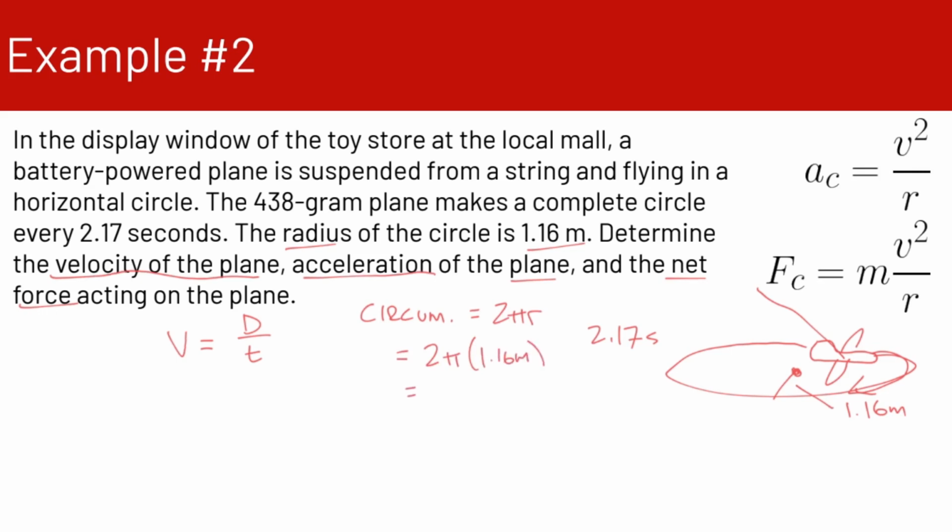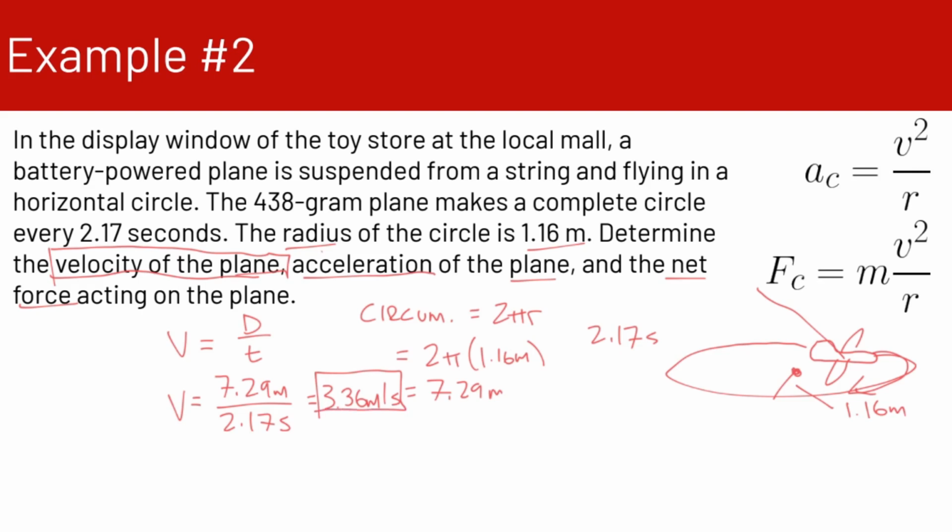So our circumference is going to be 7.29 meters, and that equals our distance. Then our velocity is 7.29 meters divided by the time it takes to go around the circle, 2.17 seconds, so our velocity is 3.36 meters per second.